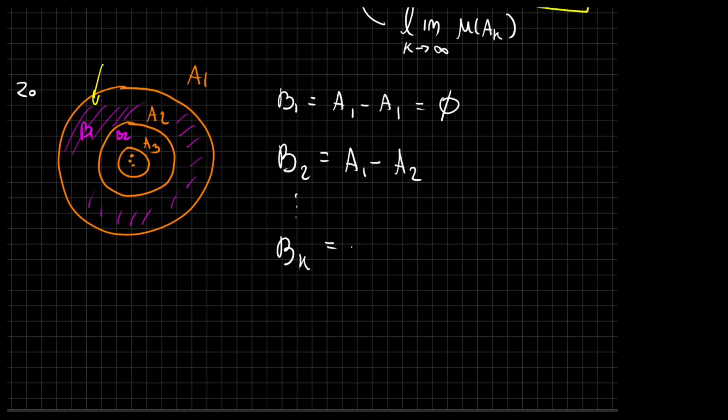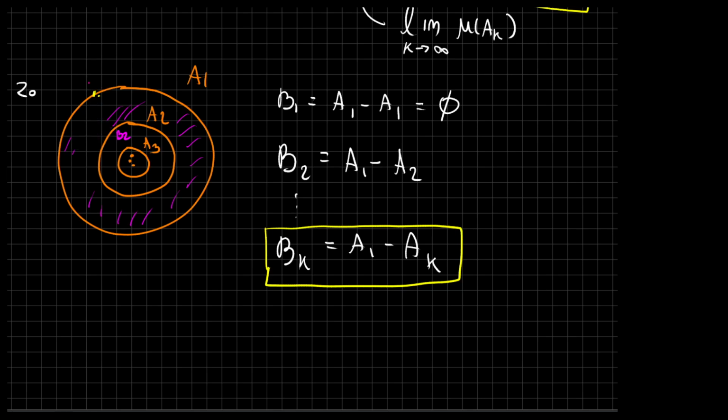So Vk is equal to A1 minus Ak. So what happens here?